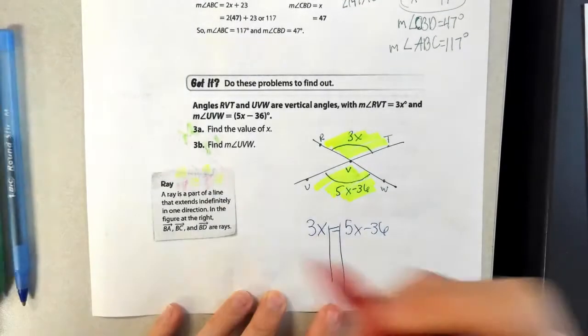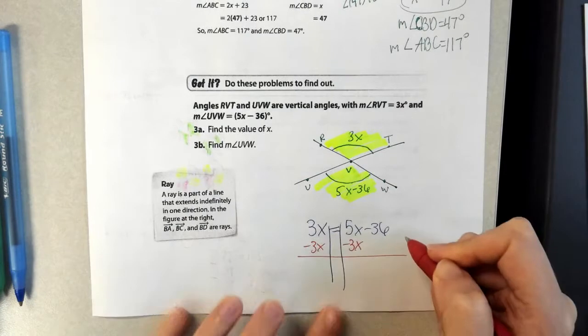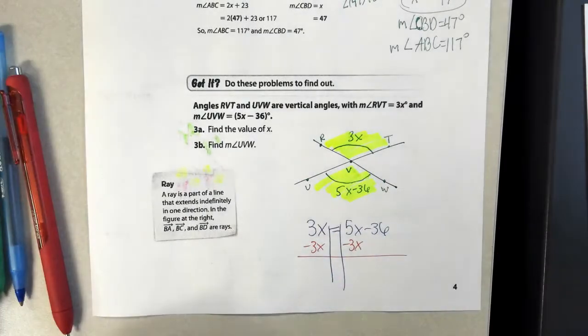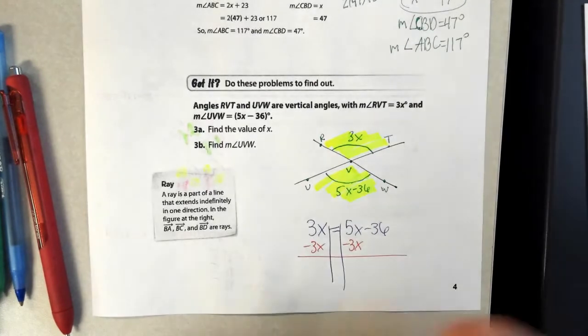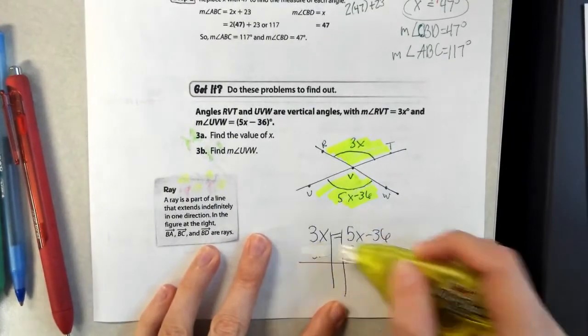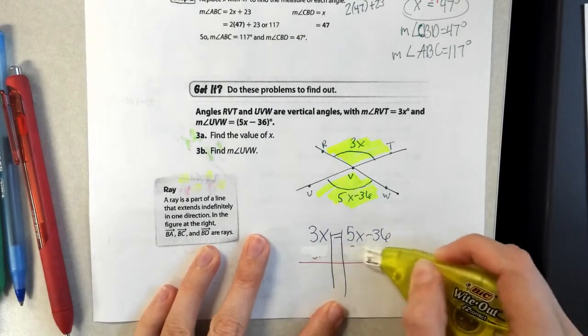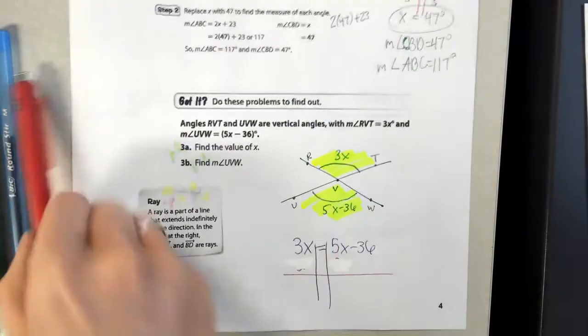Minus 3x. Oh, and I'm sorry, I did it the wrong way. If I would do it that way, notice we'd have nothing left over here. So I don't want to move it that direction. I want to move the 5x over to the other side so we keep something on both sides of the equation.